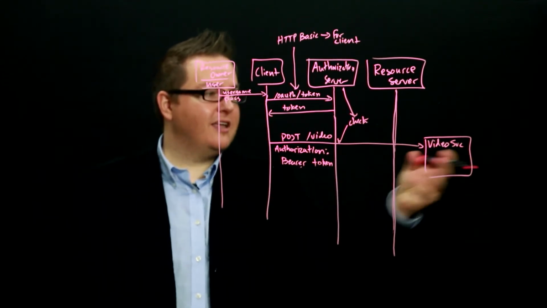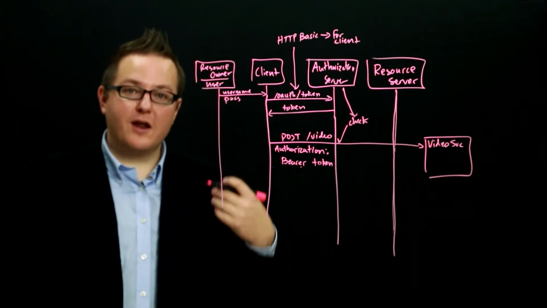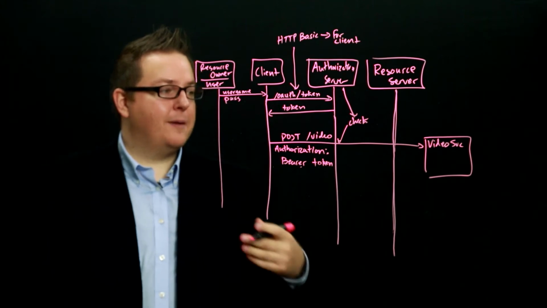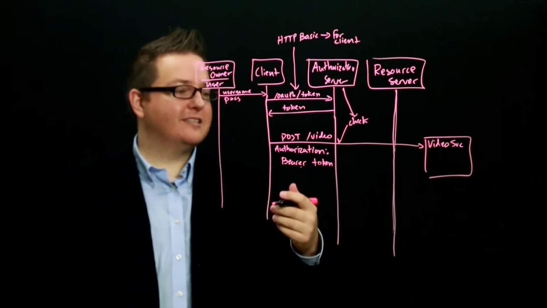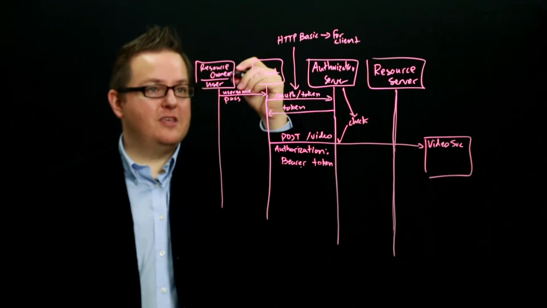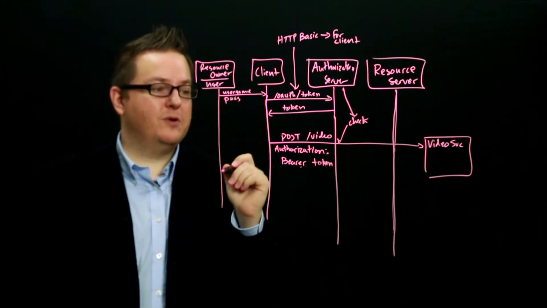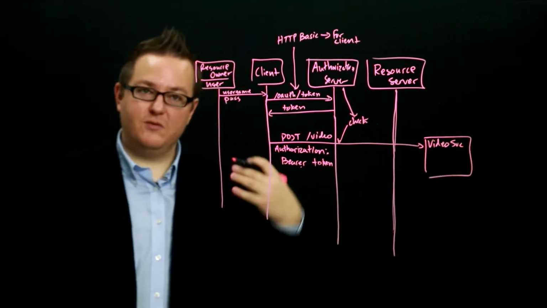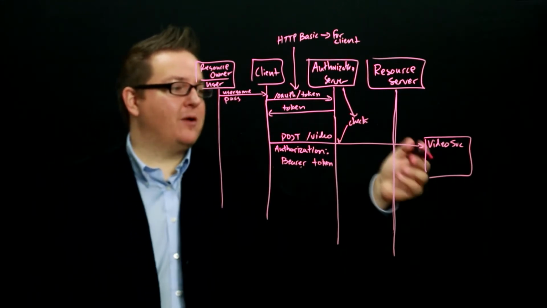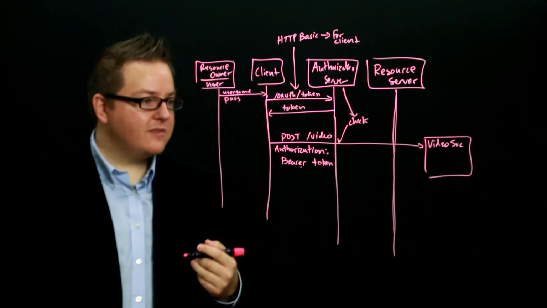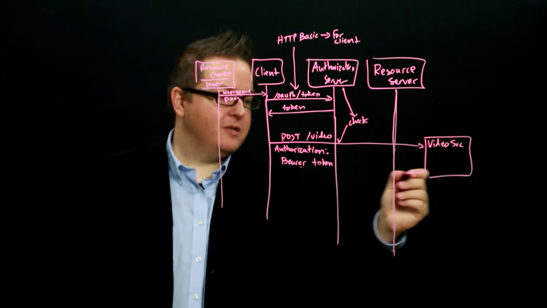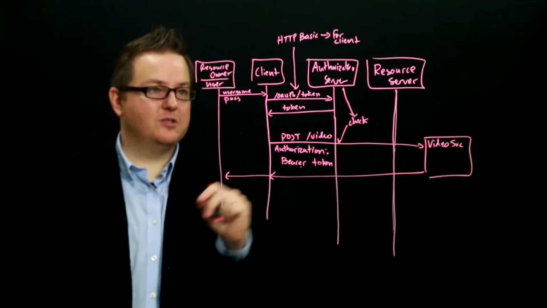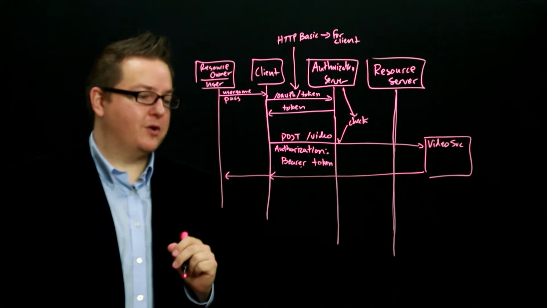Then it will look at the video service or whatever else you're trying to access and the security policies associated with it, and it will make a decision based on the token, the user it's associated with, the scope the token has, and the policy associated with the video service, and decide if that request can proceed or not. If it can, it will be sent to the video service, and you'll get a result back to your mobile client, which will then be displayed to the resource owner.